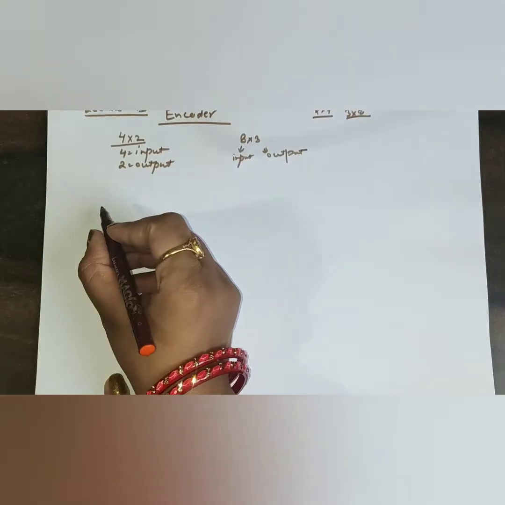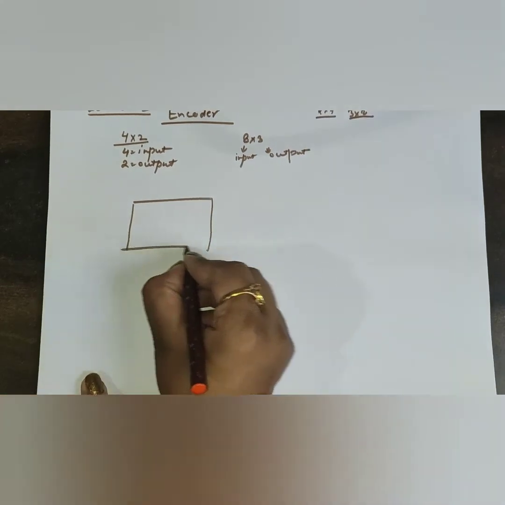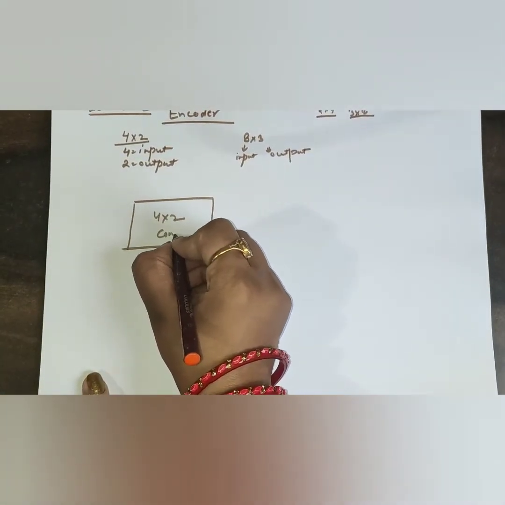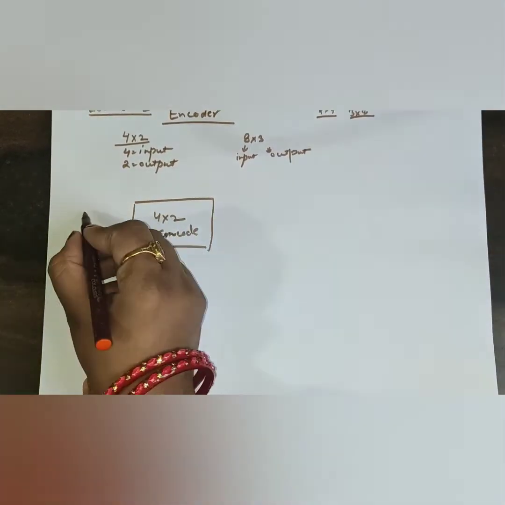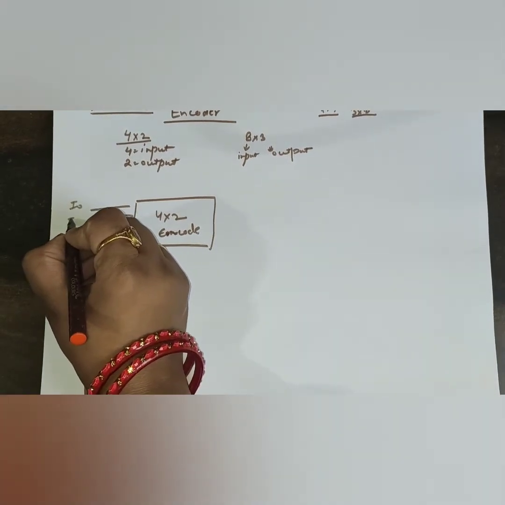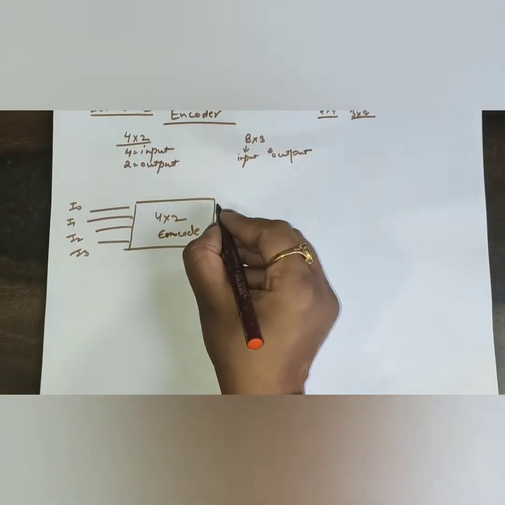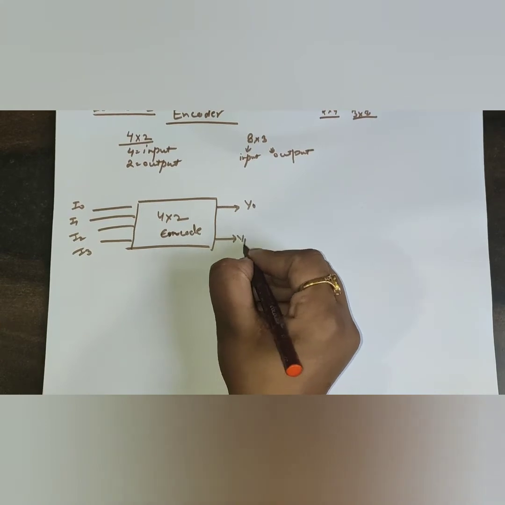So let's take here the example of a 4 into 2 encoder. We are talking about the encoder. So the 4 inputs are I0, I1, I2 and I3, and the 2 outputs are Y0 and Y1.